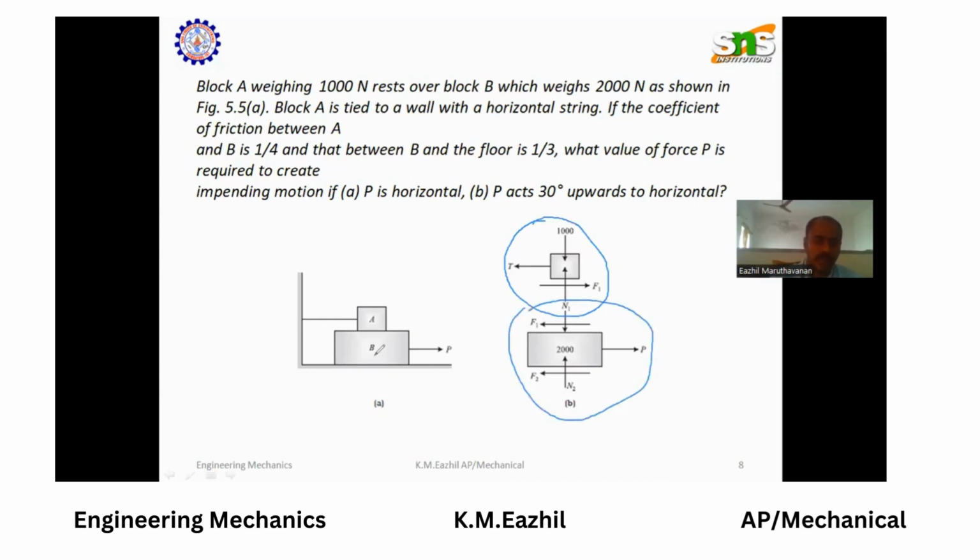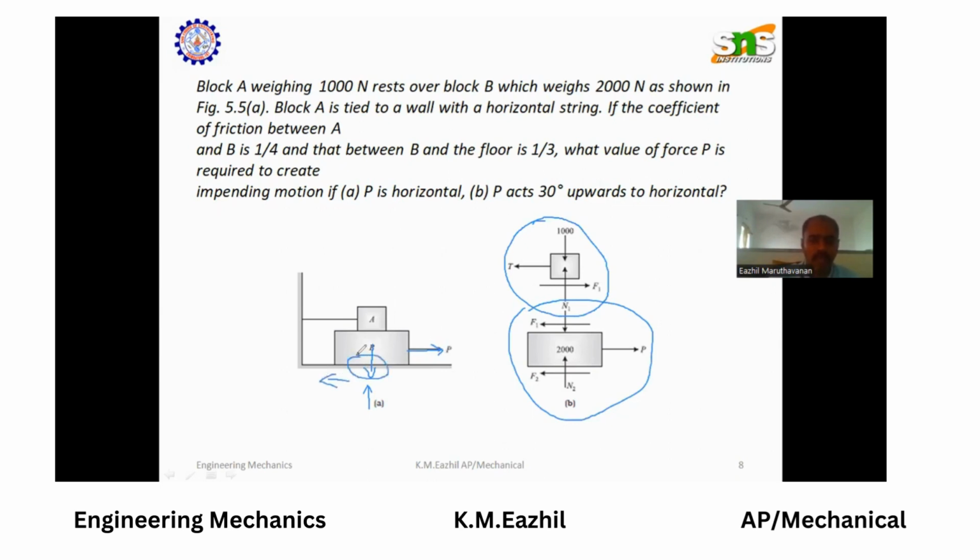While drawing the free body diagram for block B, the weight of block B acts perpendicular to the ground plane. The reaction force is always perpendicular to the lying plane. Then the applied force is on the right side. Therefore, the frictional force will be there at 2 contact points.